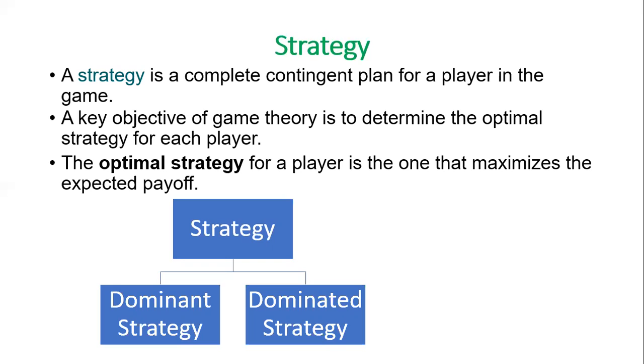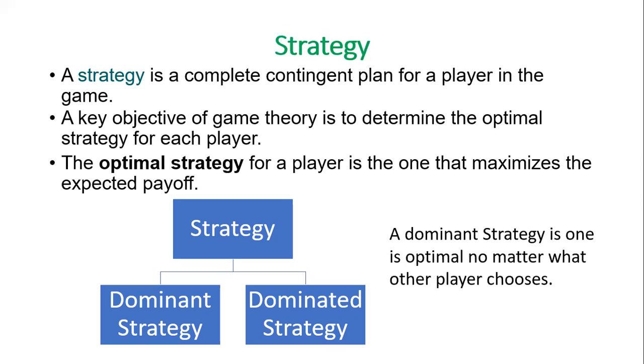A dominant strategy, as the name suggests, is a strategy that is optimal, or that is best, or that generates the best outcome no matter what the other player chooses. Let's first understand it with the help of an example, and then through that example we shall also try to understand what a dominated strategy is.